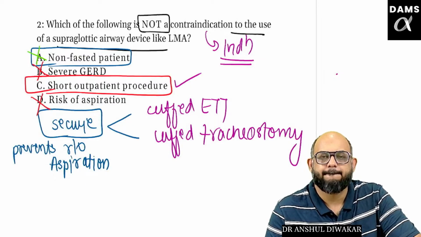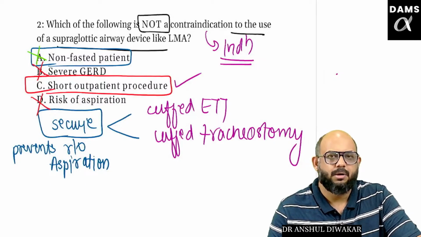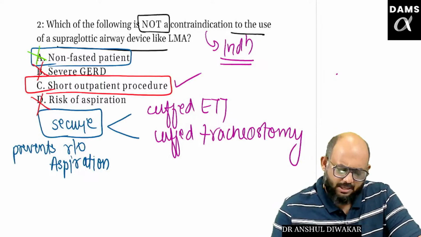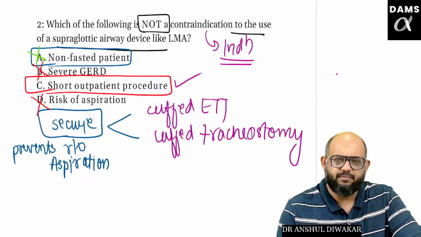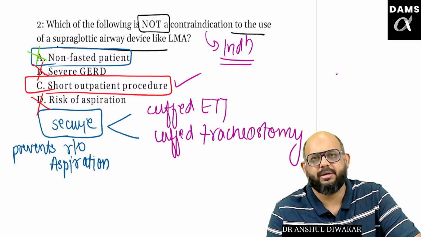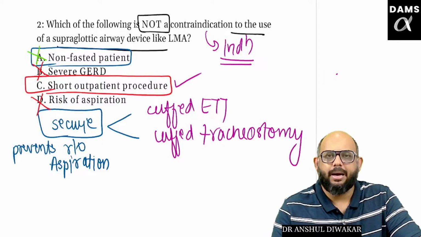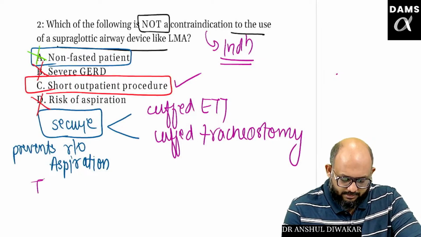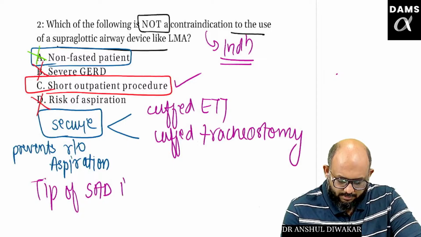Are we okay? Now you want to talk a little bit about the supraglottic airway device. Let me ask you some fact-based things. When you place the supraglottic airway device perfectly, ideally, where is the tip of the supraglottic airway device?